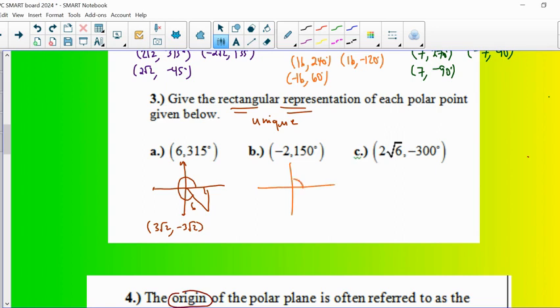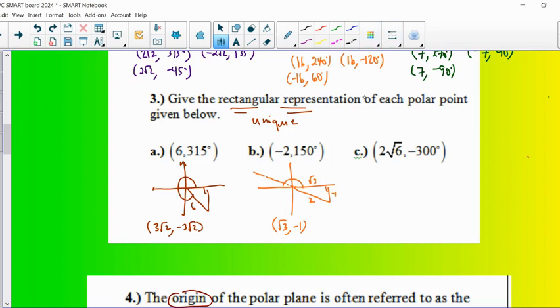So remember, 150 degrees goes out in this direction as a 30-degree angle, but a radius of negative 2 goes behind it. So that's a distance of 2, and that's a nice 30, 60, 90 triangle. That's negative 1, and that is root 3. So the only way to represent that point with a rectangular representation is root 3, negative 1.